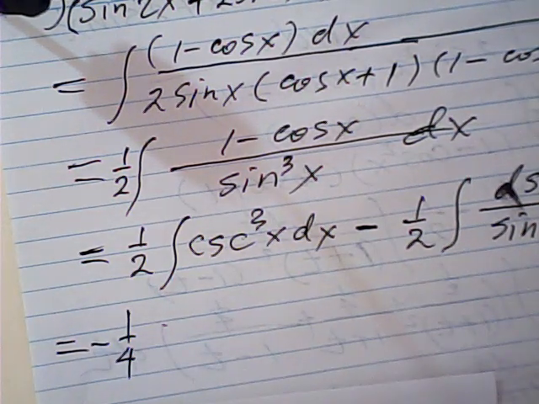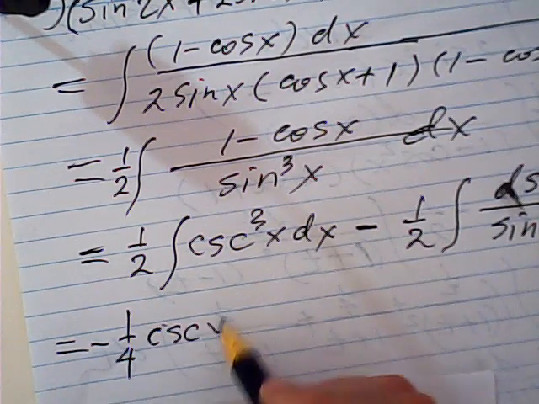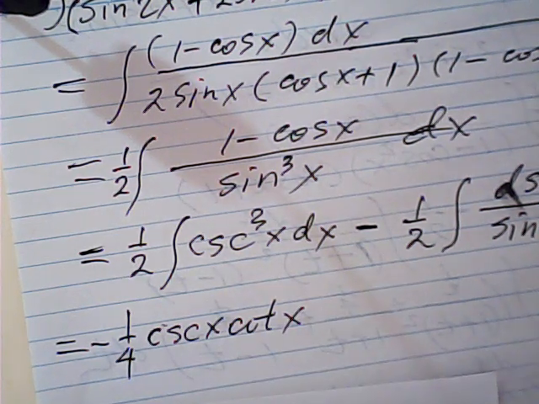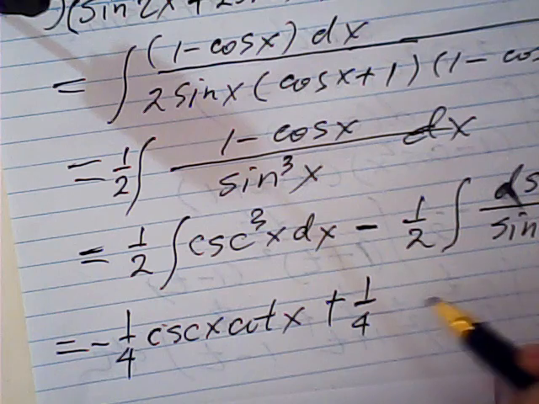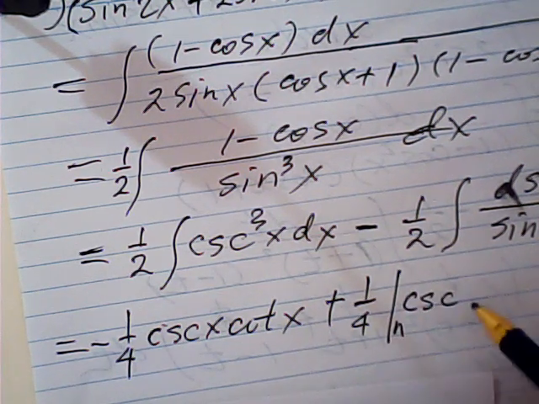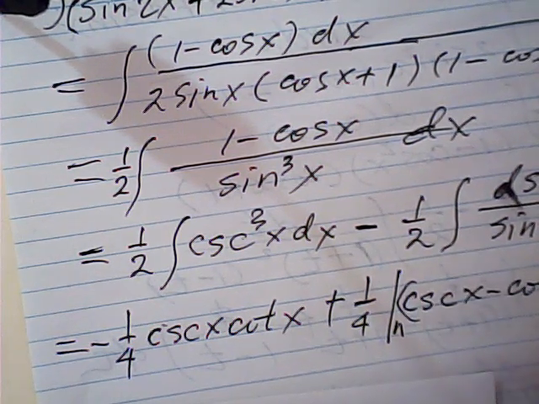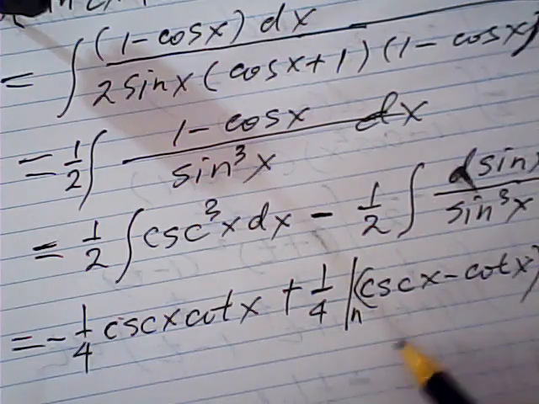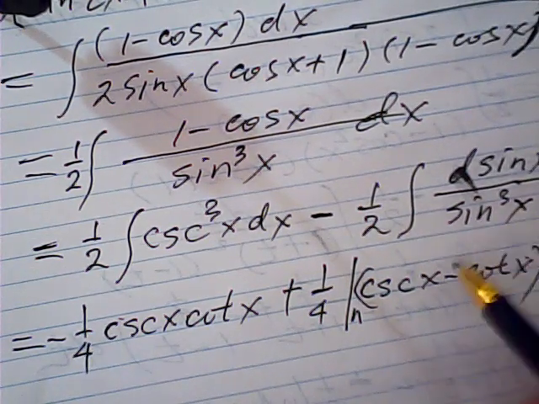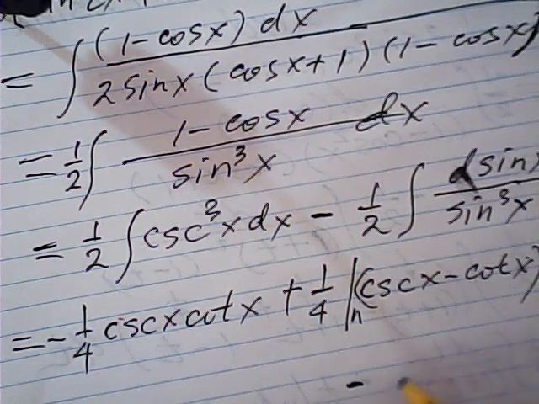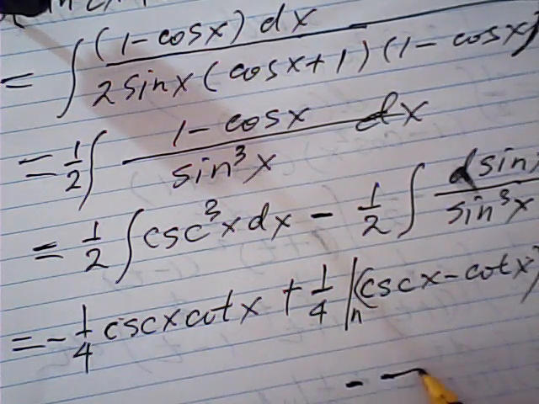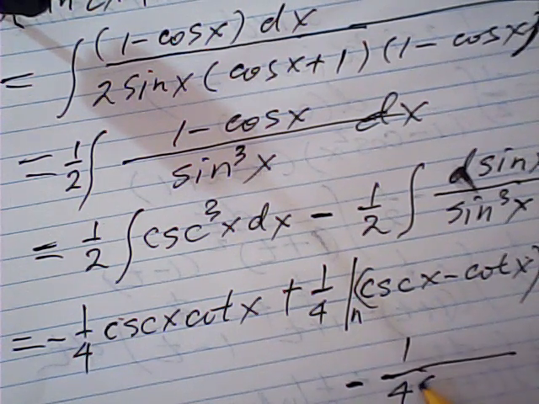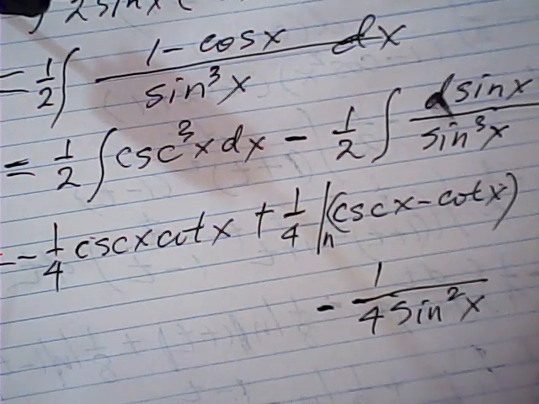Okay, so this becomes minus 1/4 cosecant x cotangent x and plus 1/4 log cosecant x minus cotangent x, and plus this, which is equal to, this integral is rather easy, equal to negative 1/2, negative 1/2, so it becomes 1/4 over sine square x, plus c.